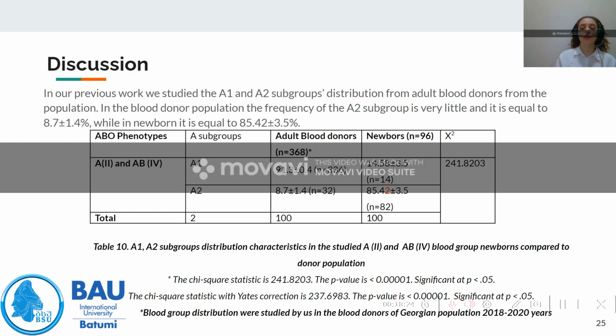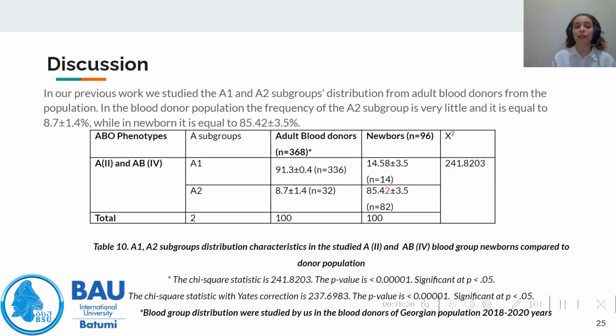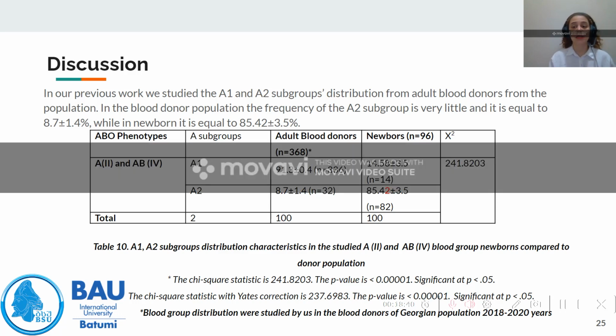So we also wanted to compare this data from our study to a work that we did previously between years 2018 and 2020, where we studied the A1 and A2 subgroup distribution from adult blood donors from the population.